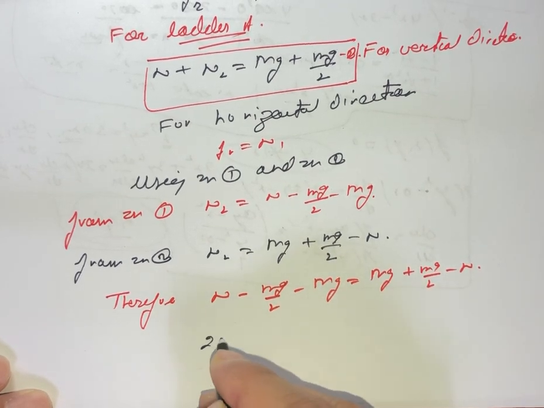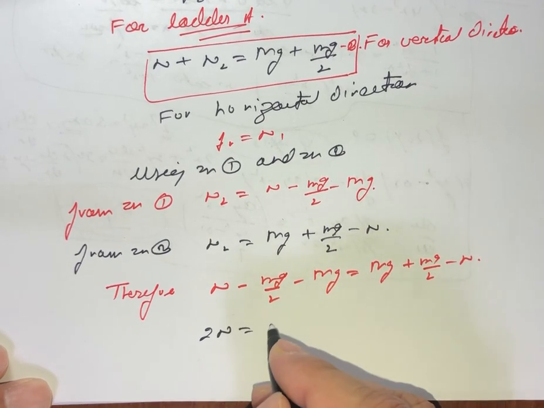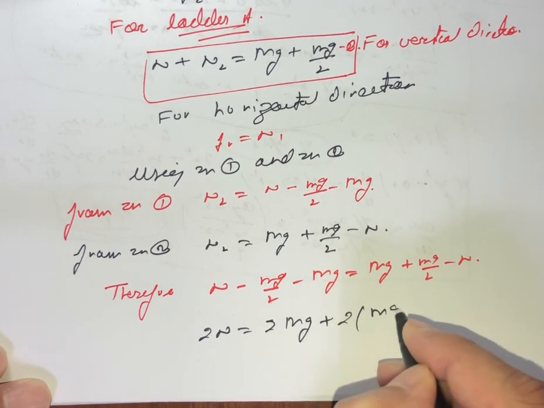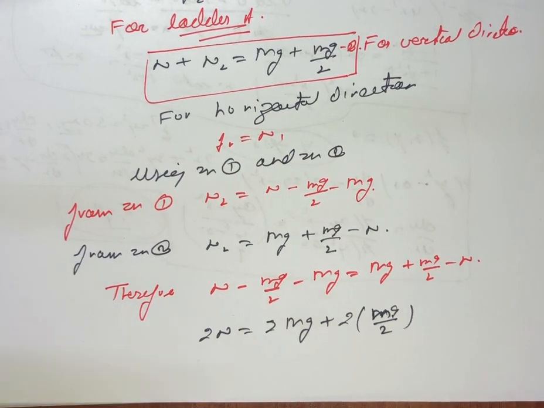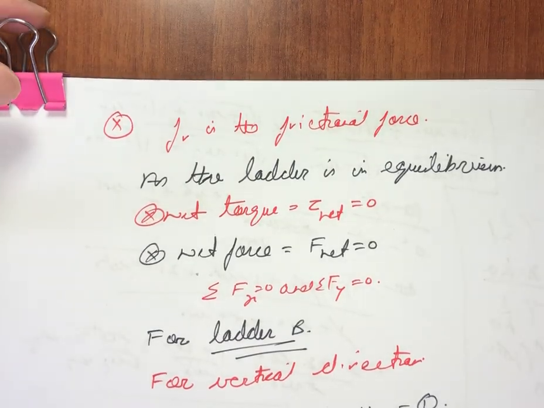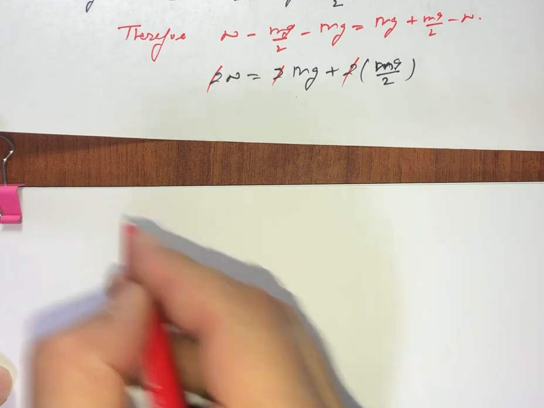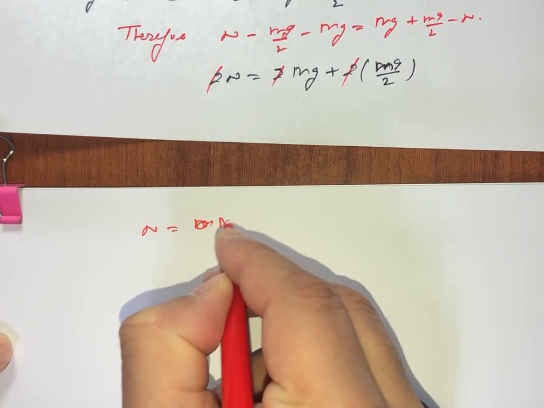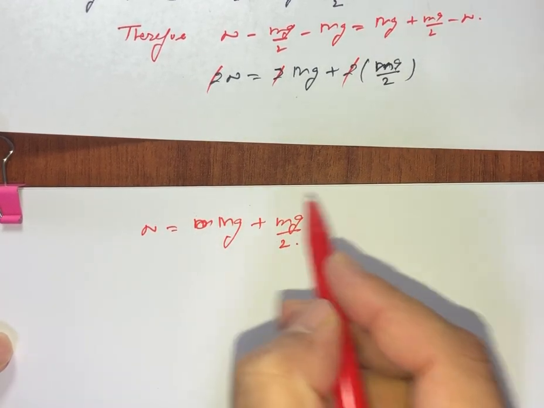So we get 2n is equal to, this will be 2 mg and this will be 2 mg by 2. So this 2 cancels out throughout, and we get this normal as mg plus mg by 2.